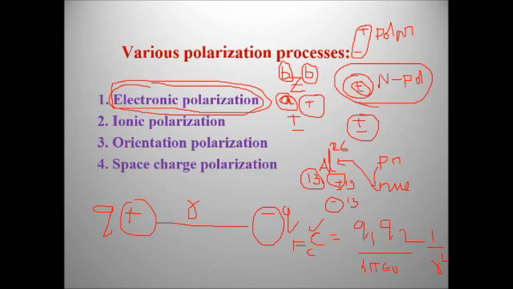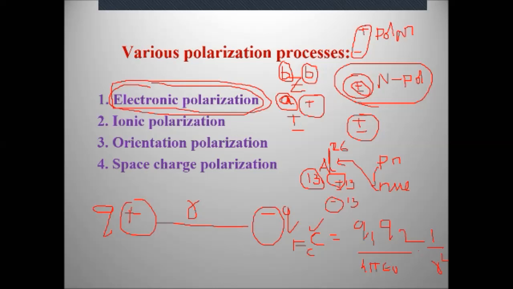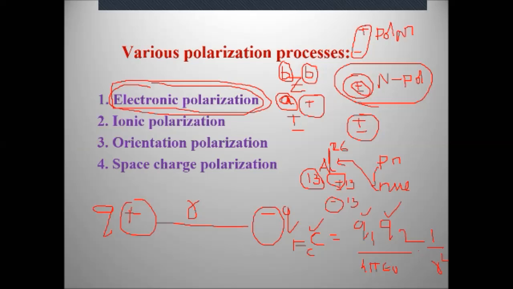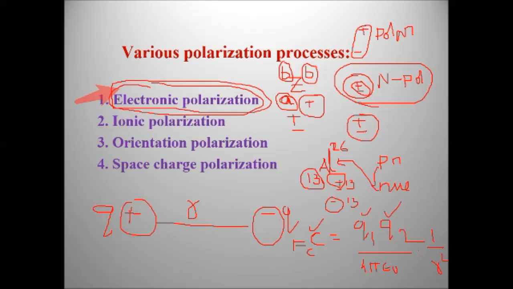And next, Coulombic attractive force: attractive means the signs are opposite. It can be written as Q1 Q2 by 4 pi epsilon naught into 1 by r square. Here r is the distance between the two charges. Are you clear?